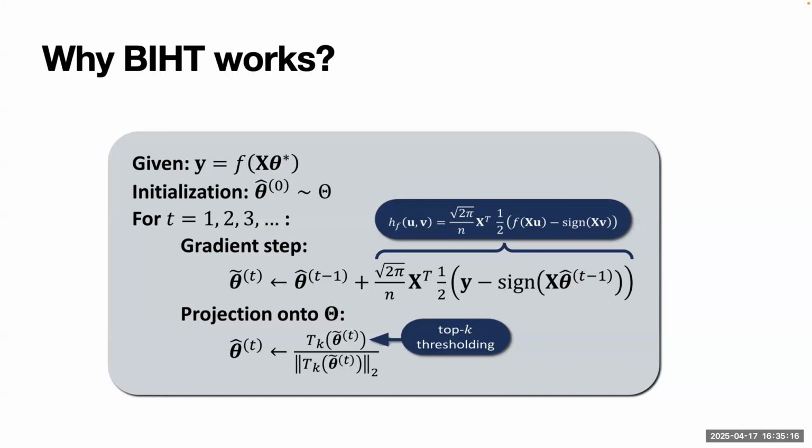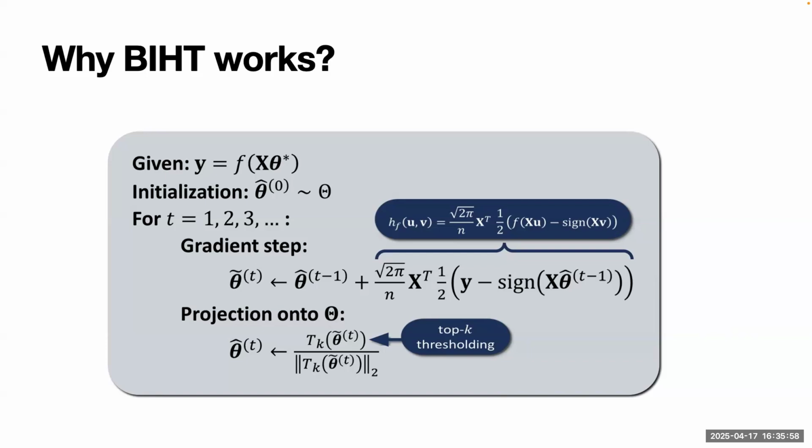Let me call this entire thing, X transpose times y minus the sign of the thing, some function H between u and v, where y equals f of x u, and then minus the sign of x times v. So as if this is some sort of a distance between the original theta star and this. What I want to show is that this mapping is some sort of isometric embedding. If we can show that, we will be actually good.